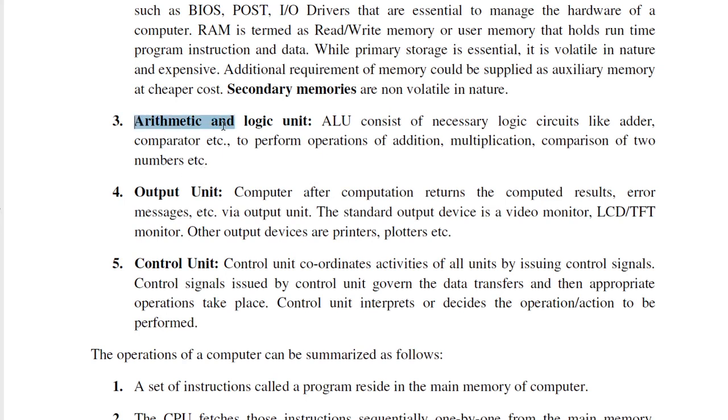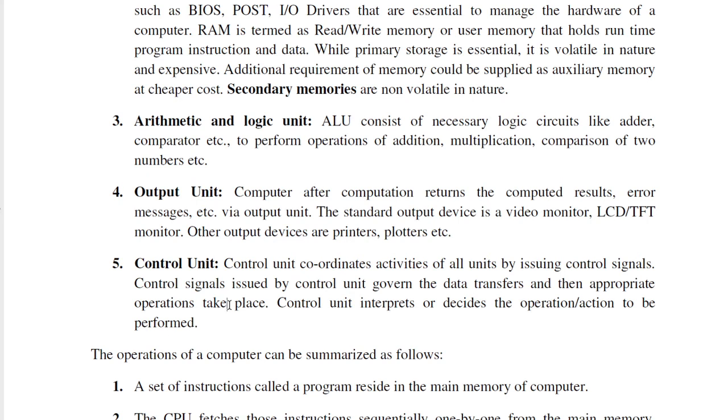So arithmetic and logic unit and control unit are under the processor, or the CPU. ALU would consist of logic circuits, more on arithmetic and logic, while the control unit coordinates all units by issuing control signals. So that's the difference between them.